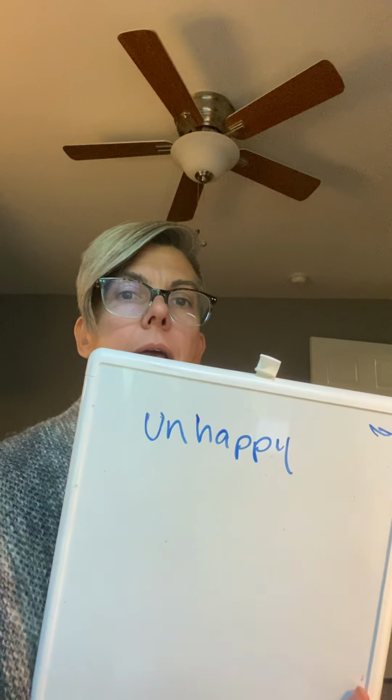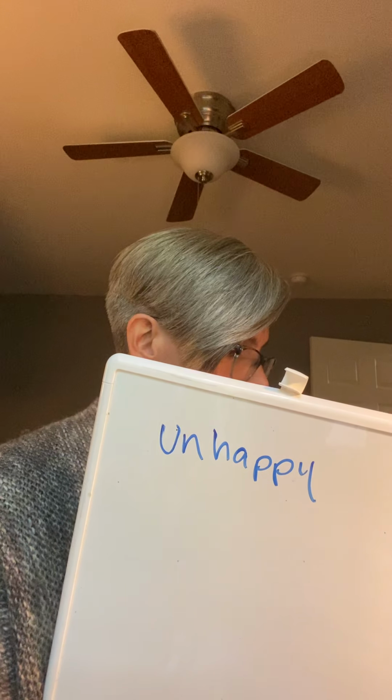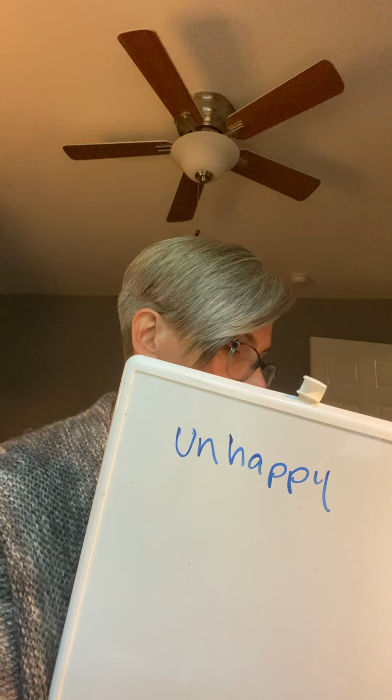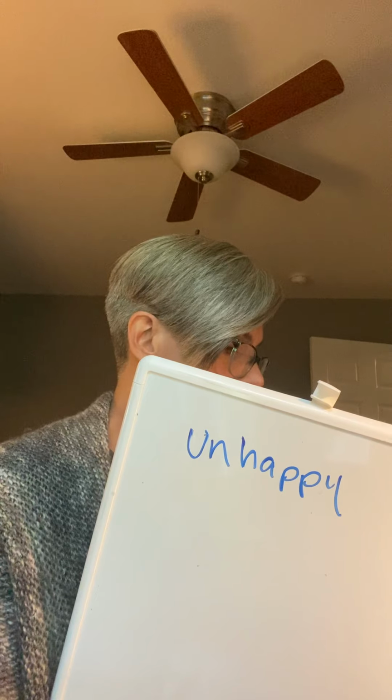Okay, let's do one more, and then I'm going to leave the rest to you. So use your books, use the video, and hopefully you'll come up with the answers you need. All right, so the next one is unhappy. This is B, right? Okay, one or two morphemes, and some of these will only be one morpheme. We have two here, un plus happy.